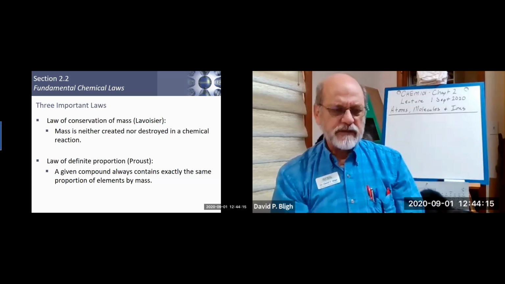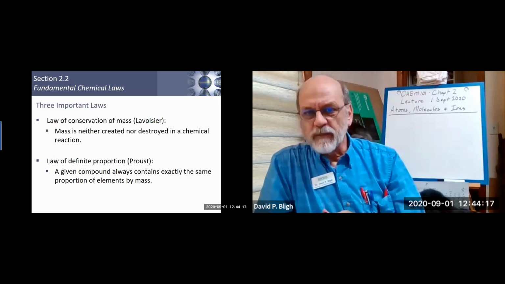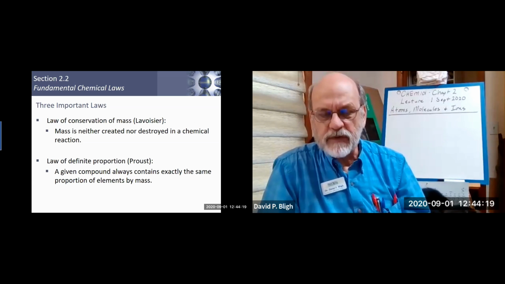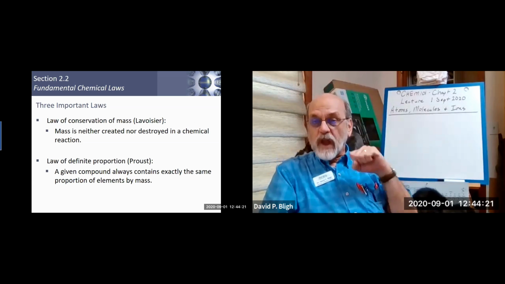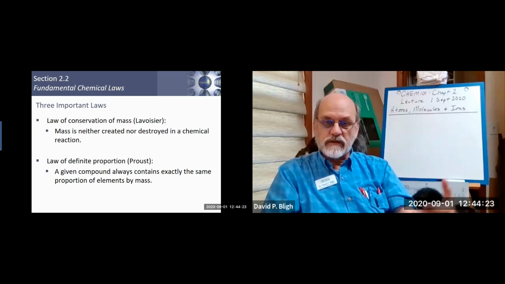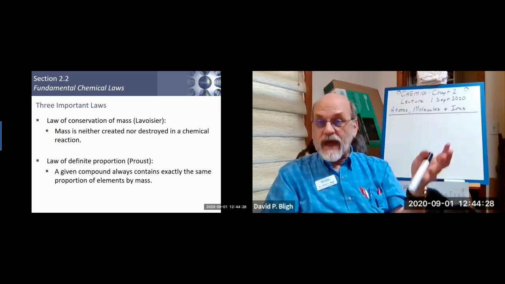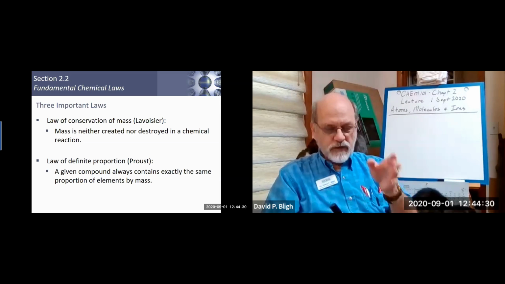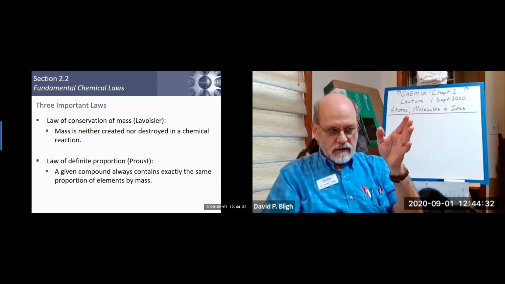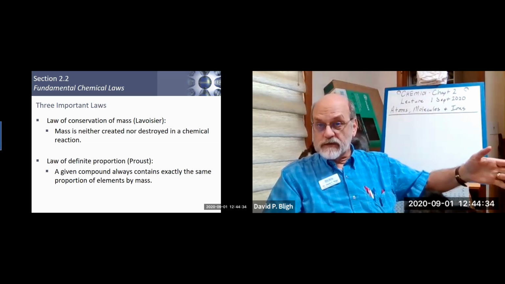Okay, so in the process of the development of modern chemistry, several laws came out of investigations. And remember the difference between a law and a theory. A law just says what happens. It says, if these are the conditions, then this always results.